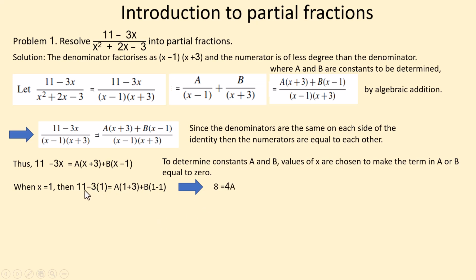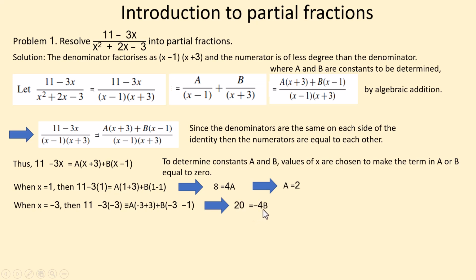So 11 minus 3 becomes 8, equal to 4a. Then a equals 2. To find b, you have to assume x equals minus 3. Then 11 minus 3 times minus 3 equals a times (minus 3 plus 3) plus b times (minus 3 minus 1). The a term equals 0. So 20 equals minus 4b. Then b equals minus 5.